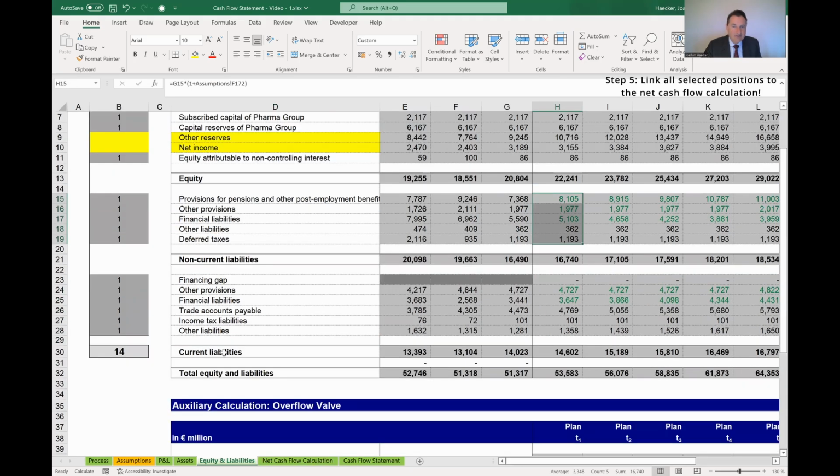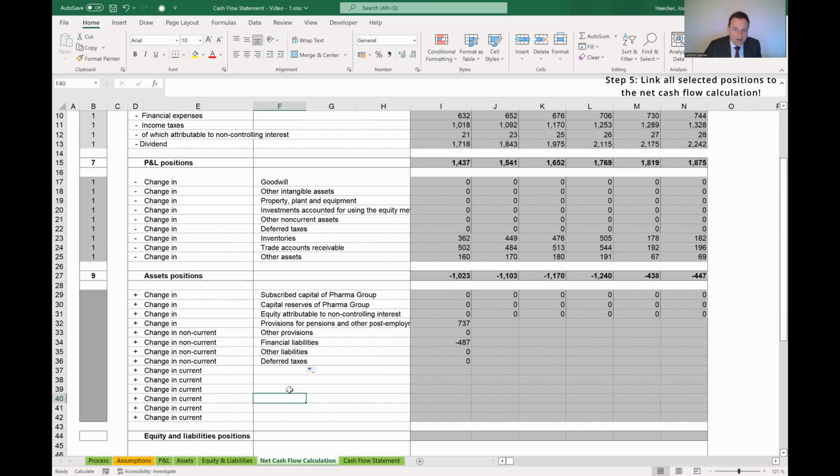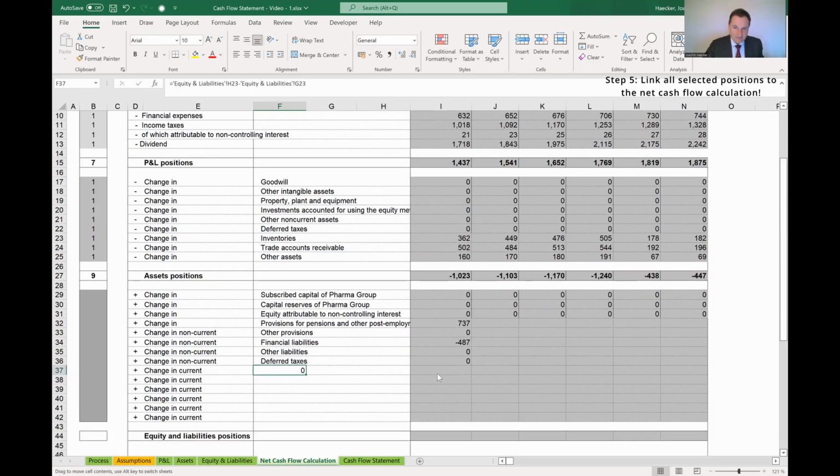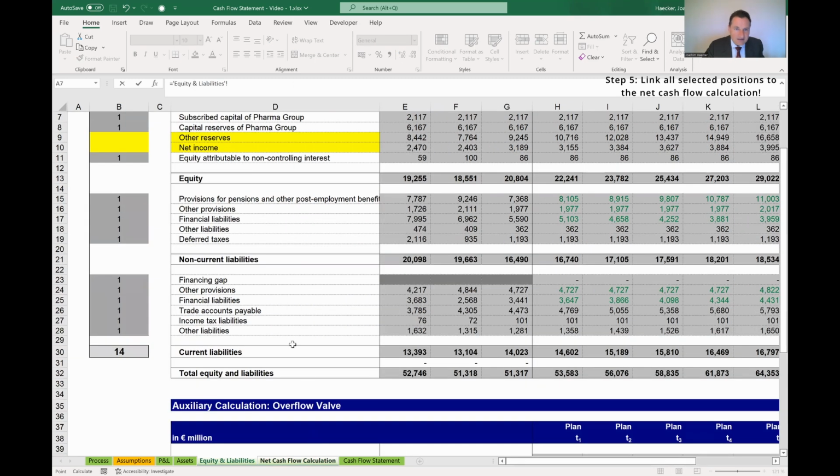And now I'm coming to the current liabilities. So what are the current liabilities? The change in the financing gap, which is here, this one minus that one. And this of course goes there. And my position is the financing gap.